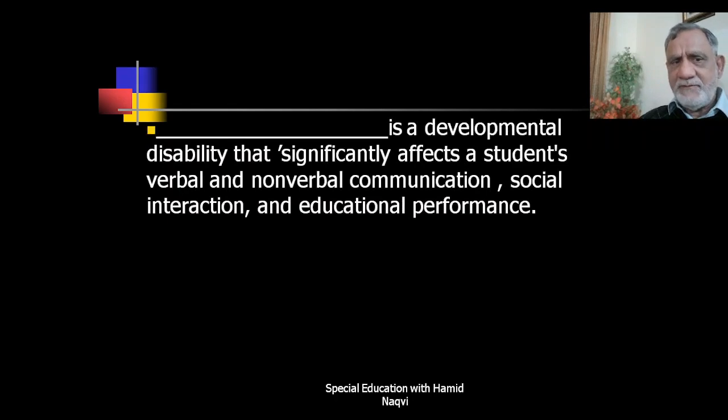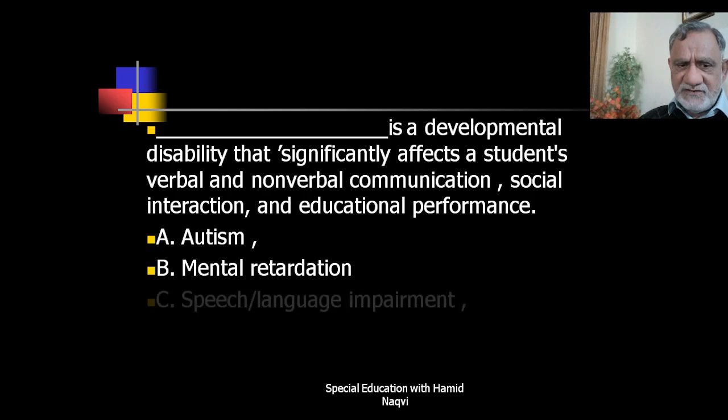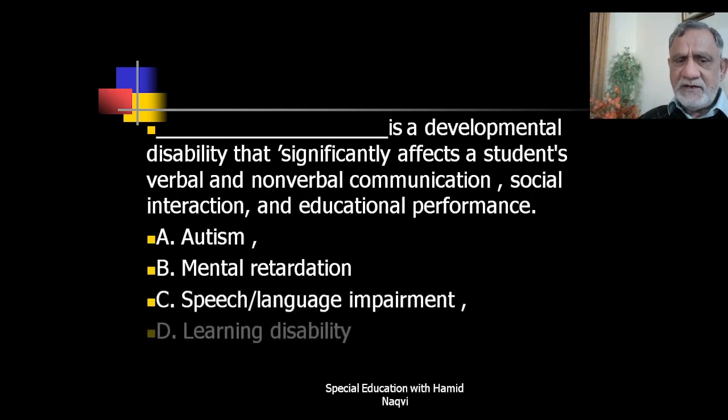Dash is a developmental disability that significantly affects a student's verbal and non-verbal communication, social interaction, and educational performance. Autism, mental retardation, speech language impairment, or learning disability. The correct answer is autism.